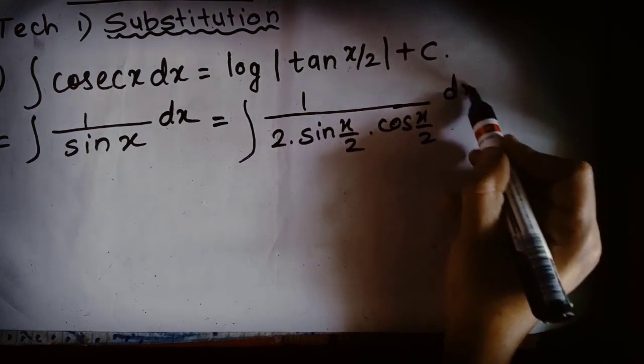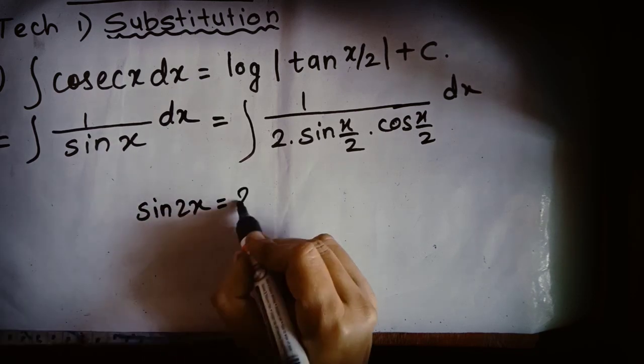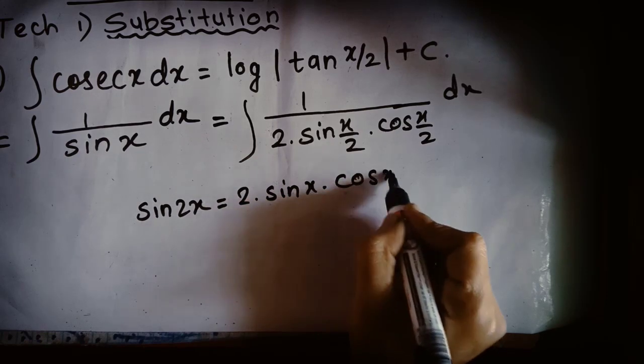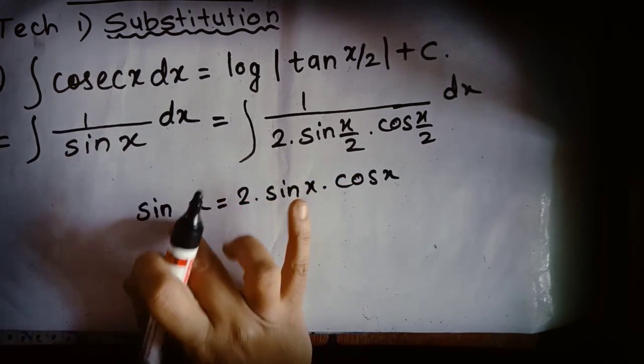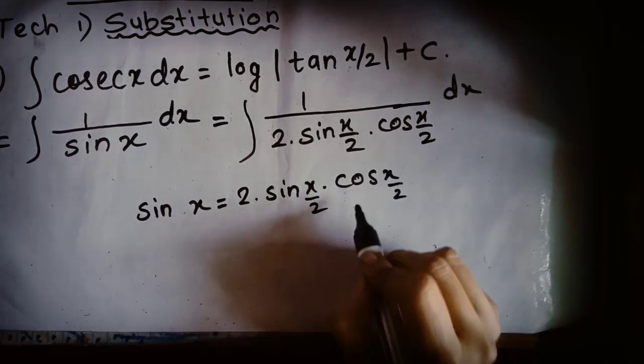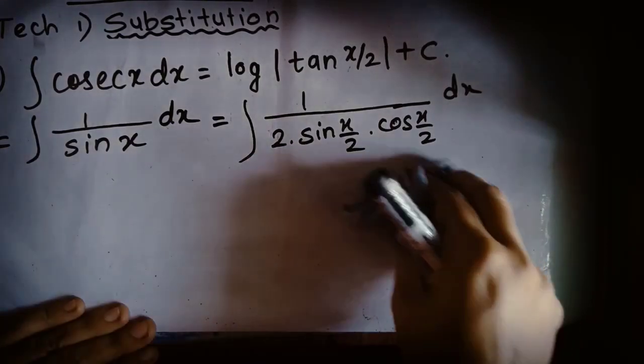How did you get this? Sin 2x is 2 sin x into cos x, right? So when you take the half angle, this will be x by 2. So we are using this formula here.